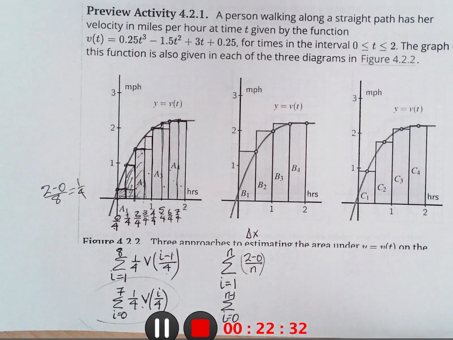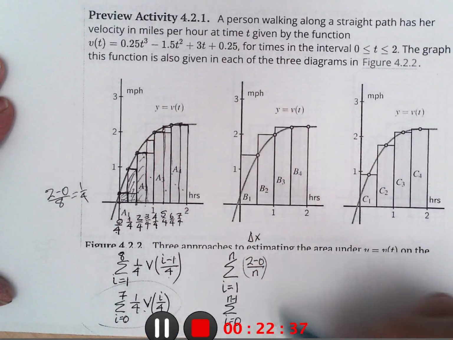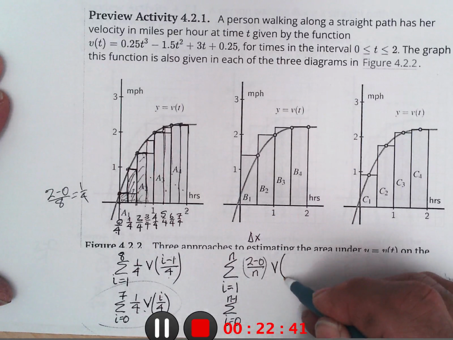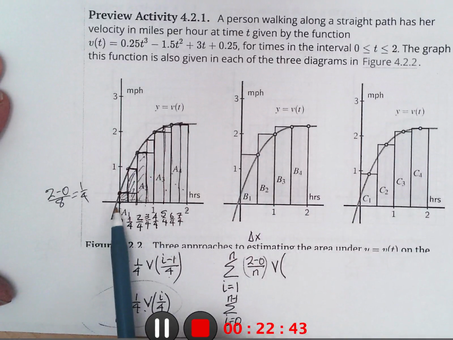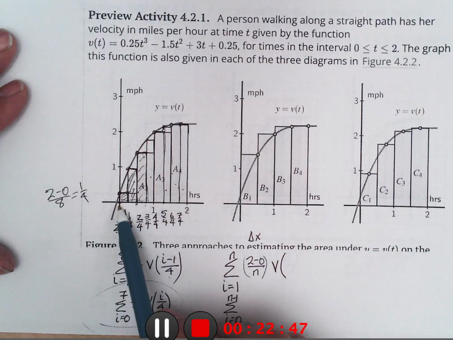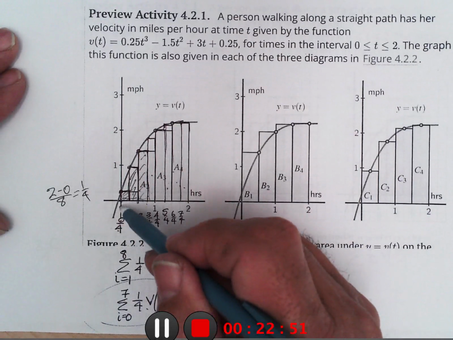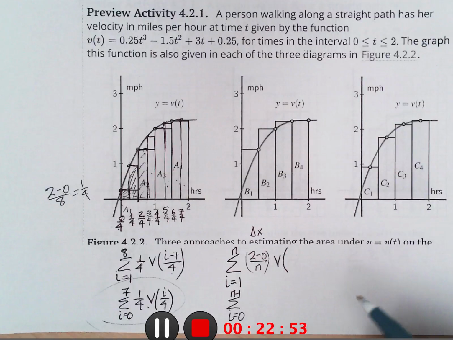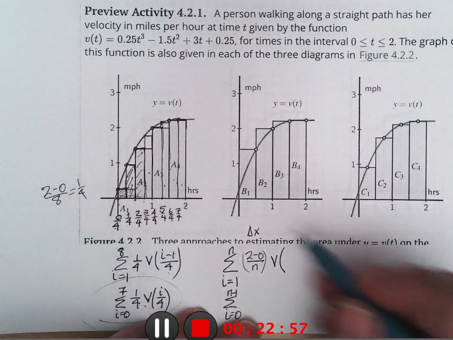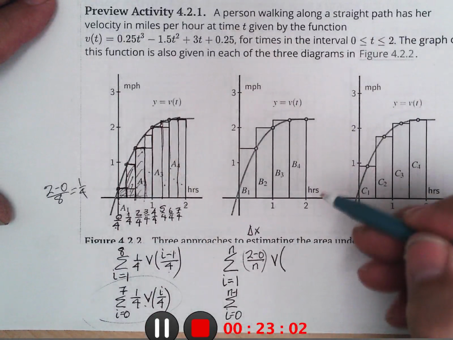Then if I'm doing left-sided ones like we were before, then I got to take the velocity at the left side. So the left side is going to be 0, 0 is going to be the first one. Let's just kind of write the ones that we would have. The first one would be 0.